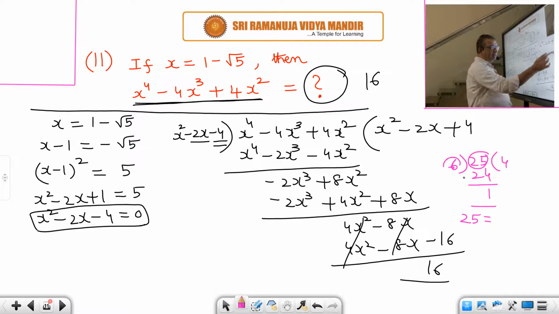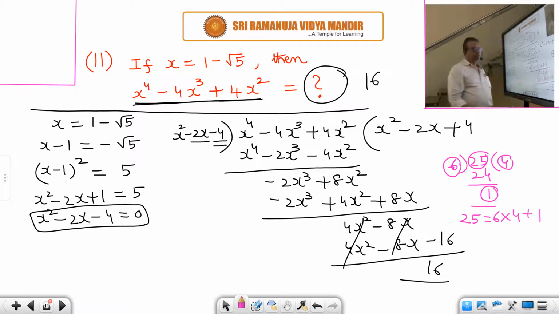Divisor 6 into quotient 4 plus remainder 1. This is called the remainder. 25 is the dividend, 6 is the divisor, 4 is the quotient, 1 is the remainder. So dividend is equal to divisor into quotient plus remainder.